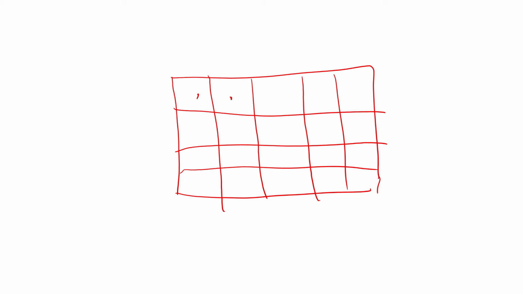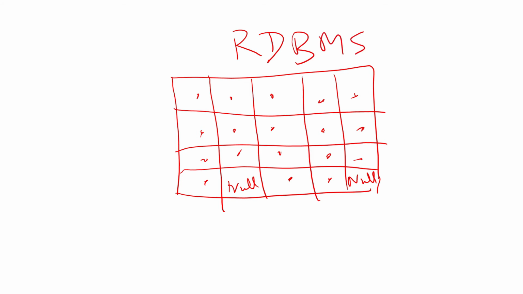In each cell we should have a maximum of one value. This is the first requirement of the relational model. However, you can skip some cells, and such a cell may contain a null value or be empty. So here we have nulls in these cells. This is allowed in the relational model, so an RDBMS table should be like this.